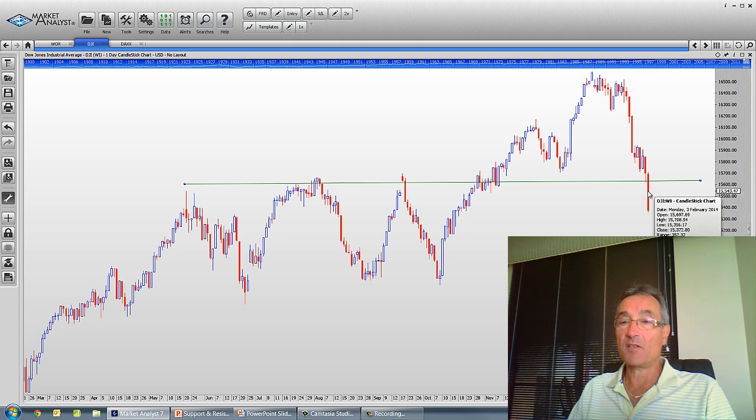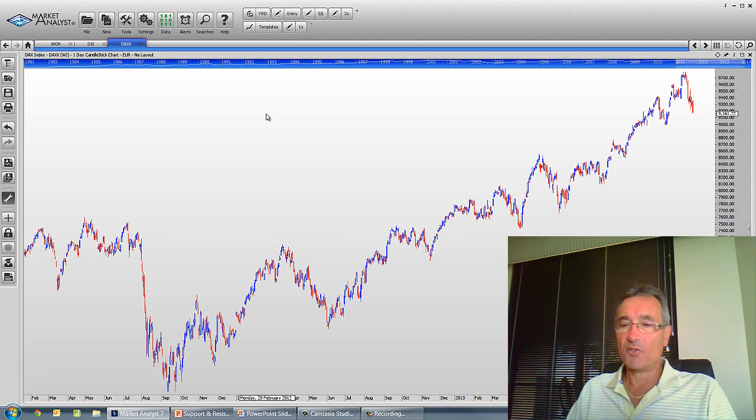So I would expect now, based on this chart setup, having broken such an important line of support and resistance, that this index will be highly likely to head further down. Of course, in the short term, it might rebound and retest this line, which is likely now to be a resistance line. So if that were to occur, then a good trading strategy would be to place a buying order just under that 15,600 level with a stop loss just on the other side.